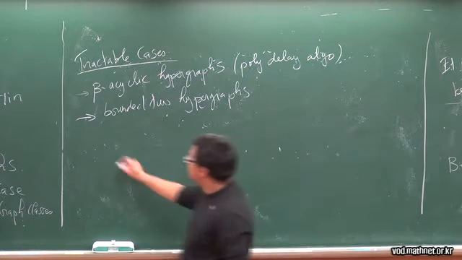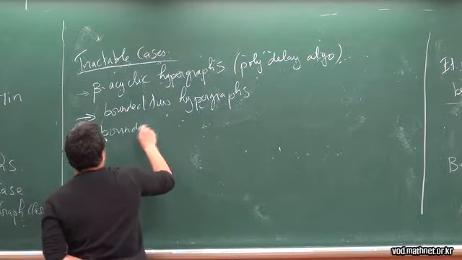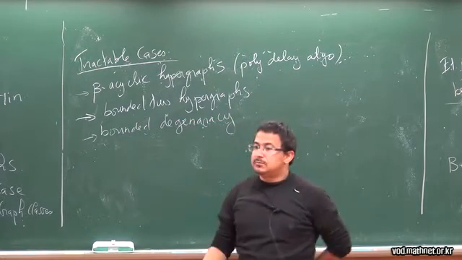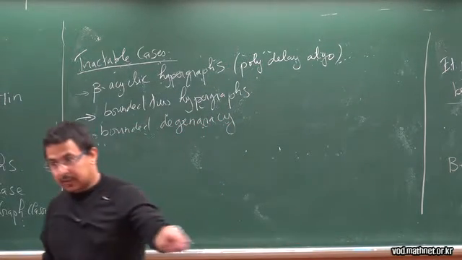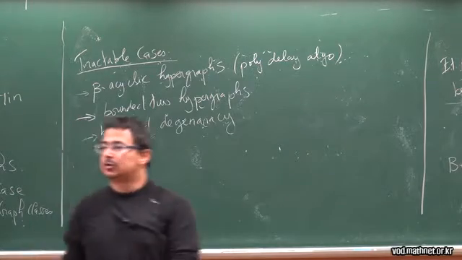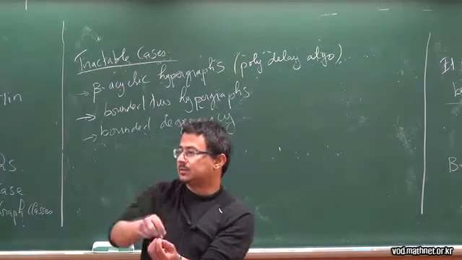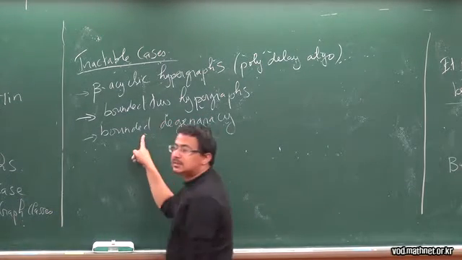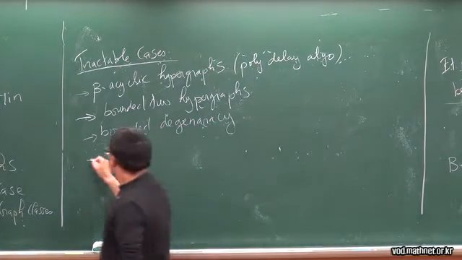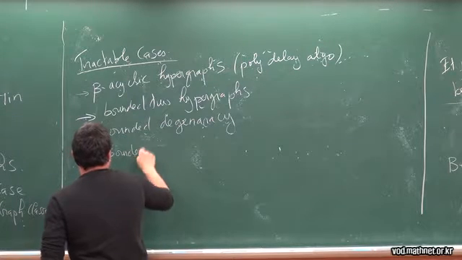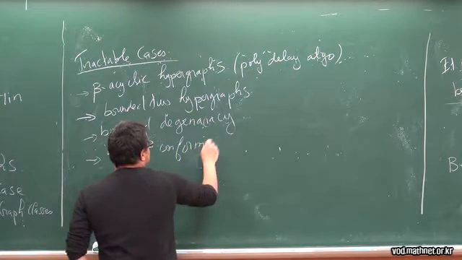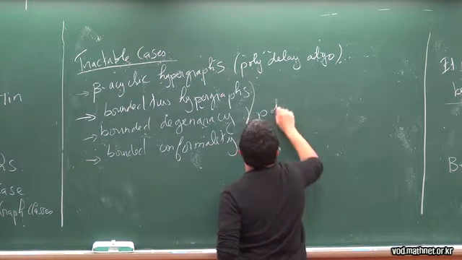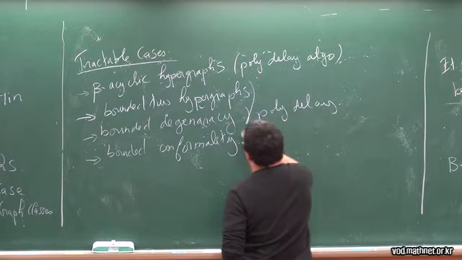Then bounded degeneracy. Degeneracy means you can list the vertices in such a way that at each step, a vertex is in a bounded number of hyperedges. So this generalizes degeneracy in graphs. And bounded conformality. So this is polydelay. This is incremental.